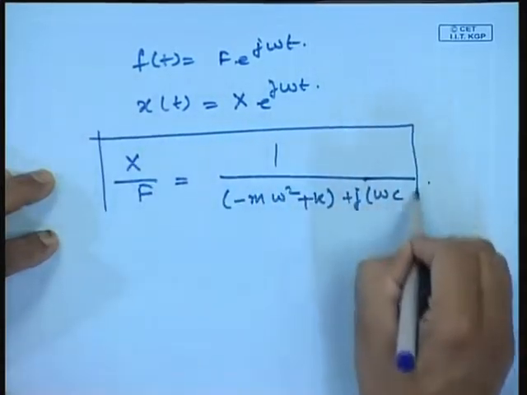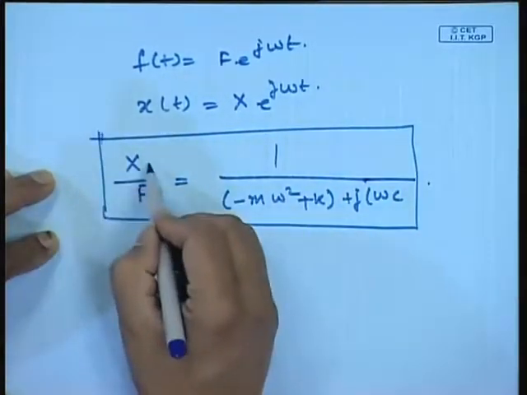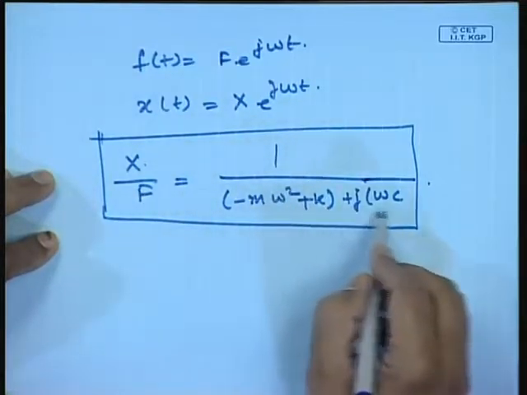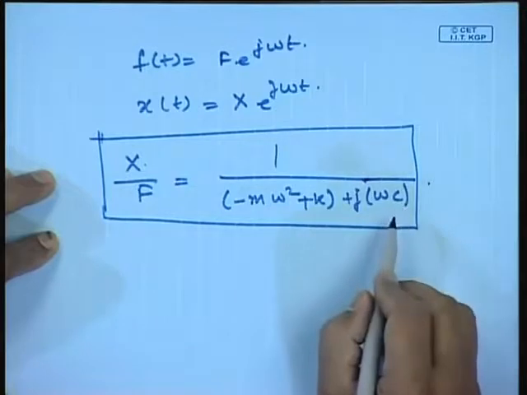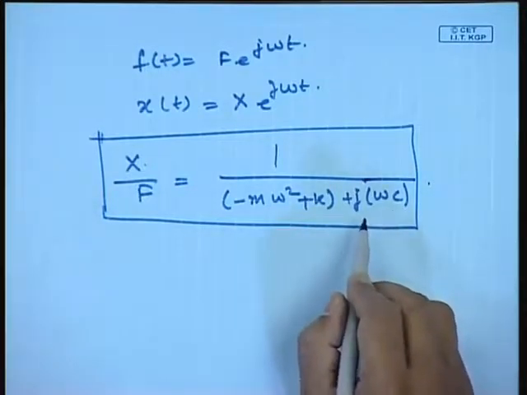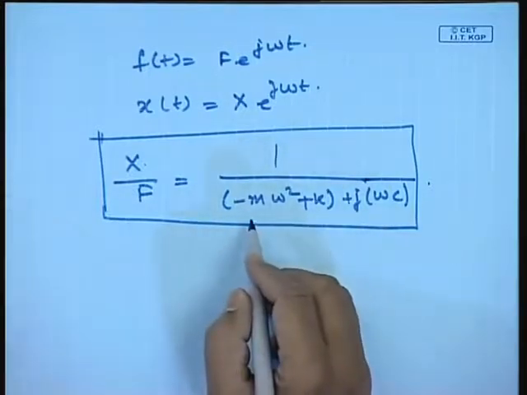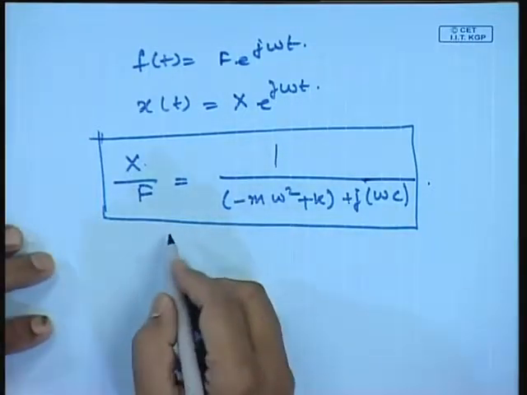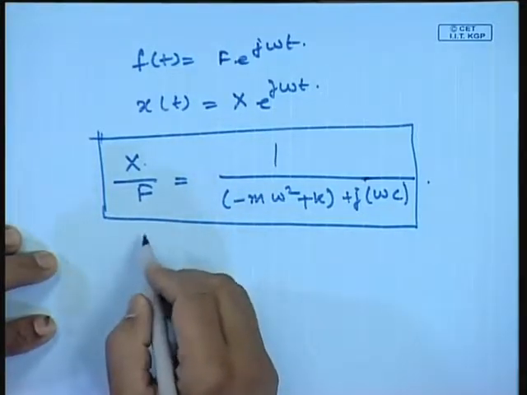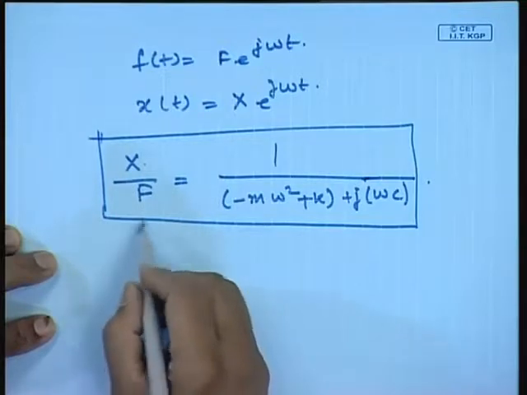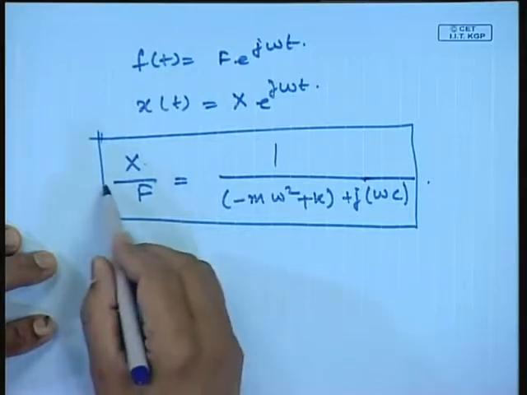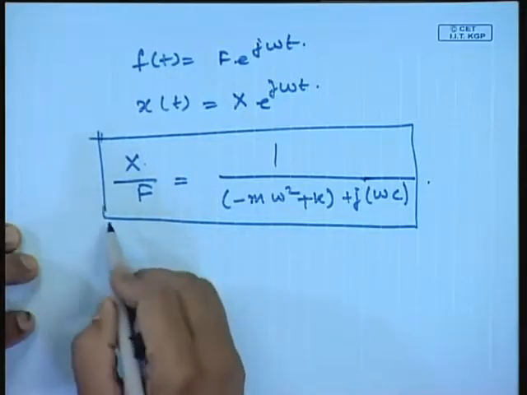This is one form of the response to the force, where m, k and c are the system characteristics. If I was to find out the magnitude of this quantity, this is a complex quantity, and this is known as the frequency response function.